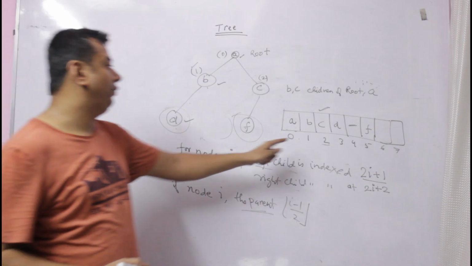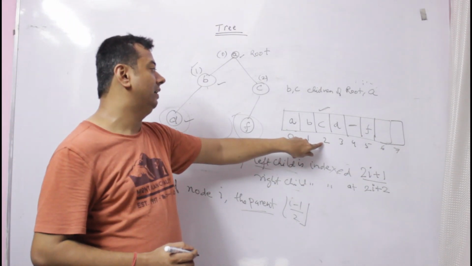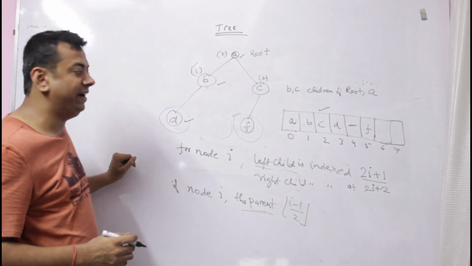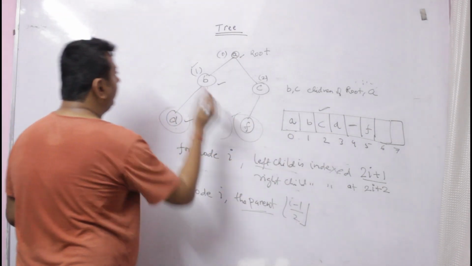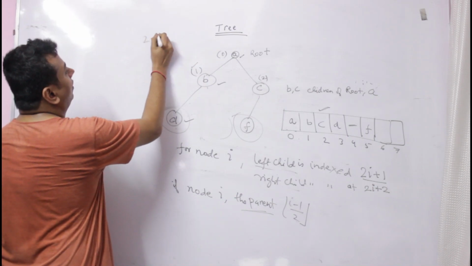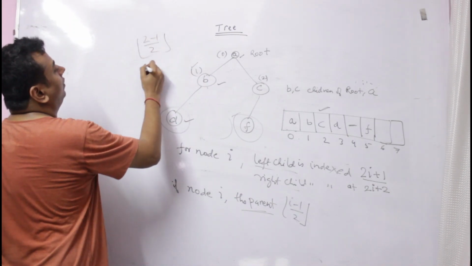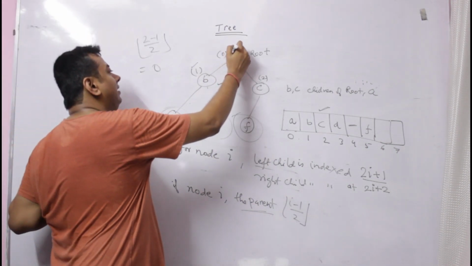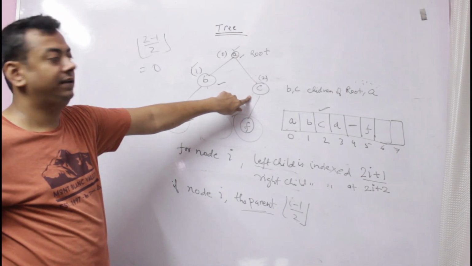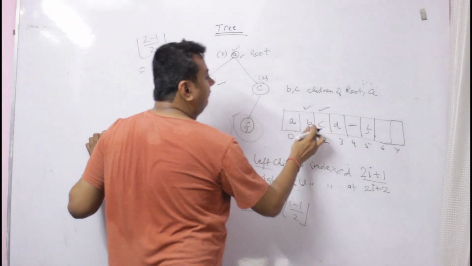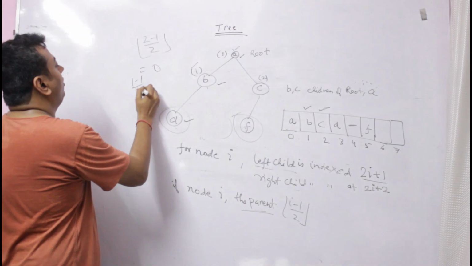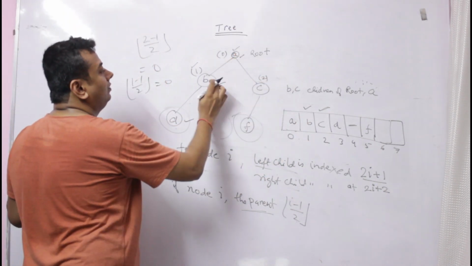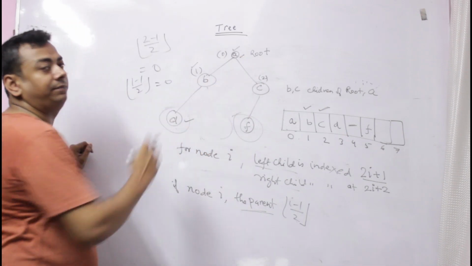We need to compute the parent of this C element. So what will be the parent? (2 minus 1) upon 2, which is 0. So this is the parent of C. If we compute the parent of B, (1 minus 1) upon 2, which is 0. So A is the parent of B.